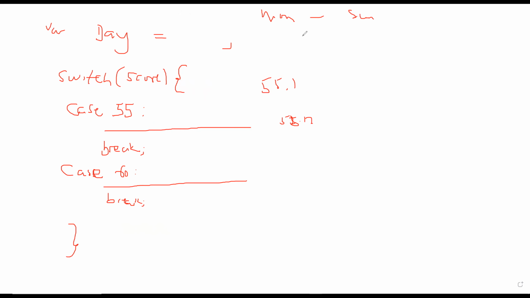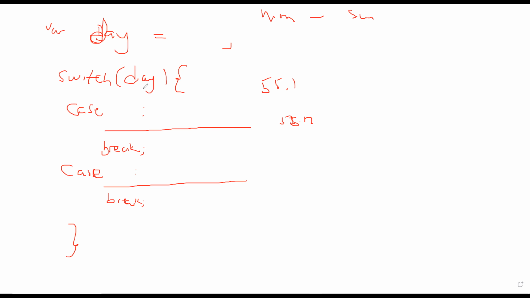So we can use this in such a situation, which simply means that if the day value, I'm going to change this one to day. Let me use lowercase d.